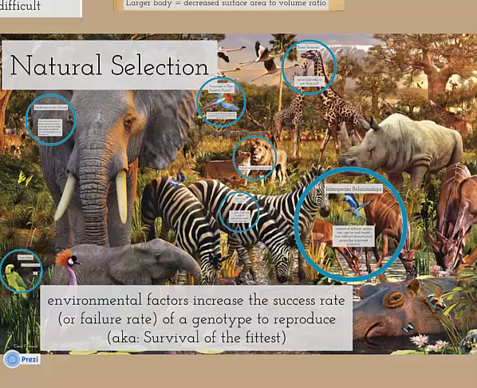Now, in order to pass on your genes, you must first survive, hence the idea of survival of the fittest. The organisms whose traits are most fit for the environment and allow them to survive and reproduce the most will be the ones whose genes are passed on to future generations. And there are a few examples or mechanisms that animals can use to stay alive.